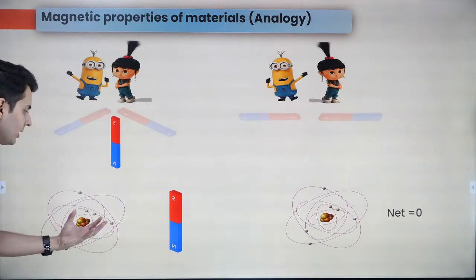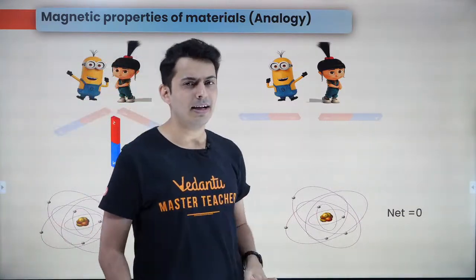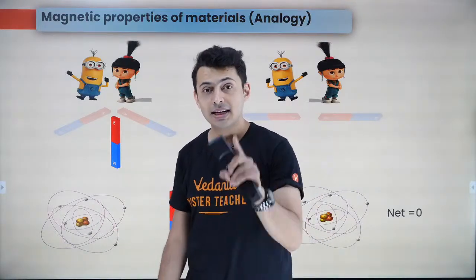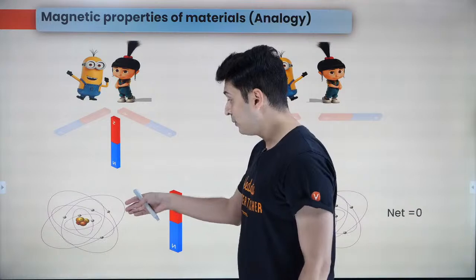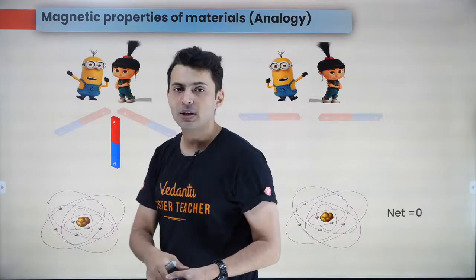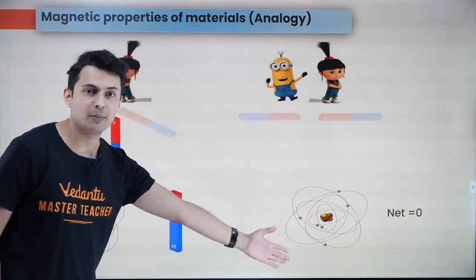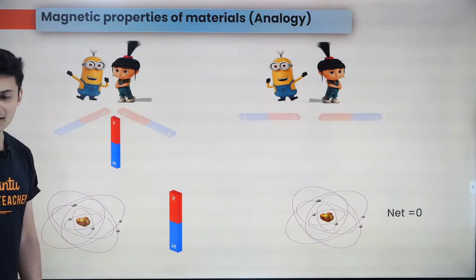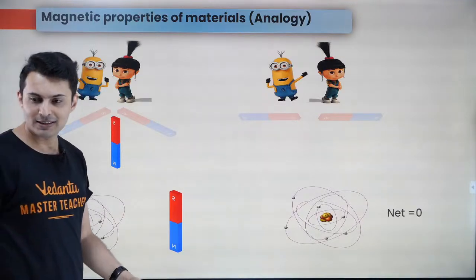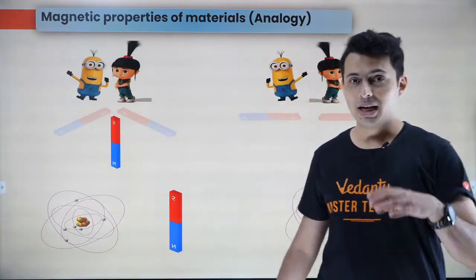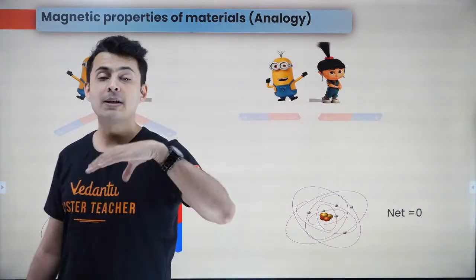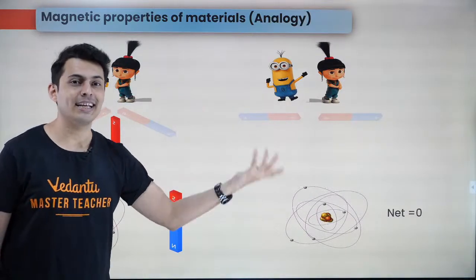So the atom as a whole is a small bar magnet because of the tiny mini bar magnets produced by those electrons, if the electrons' magnetic moments do not cancel out each other. If they all cancel out, then the net magnetic moment will be zero. I hope this is clear. Very, very important. So an atom itself can have magnetic moment, or an atom itself may not have magnetic moment because they cancel out each other.